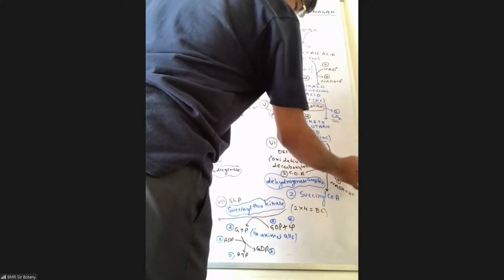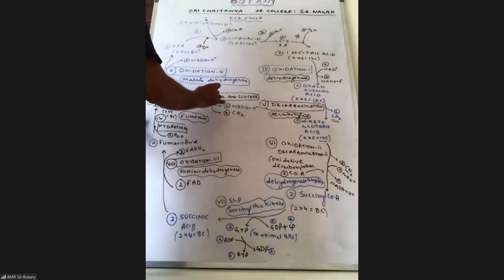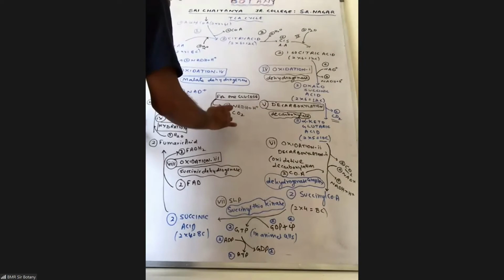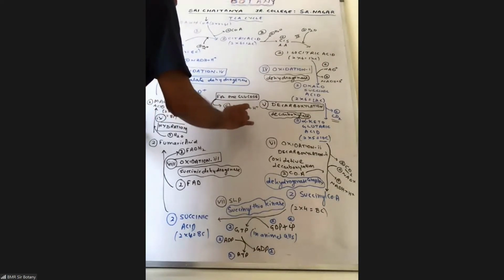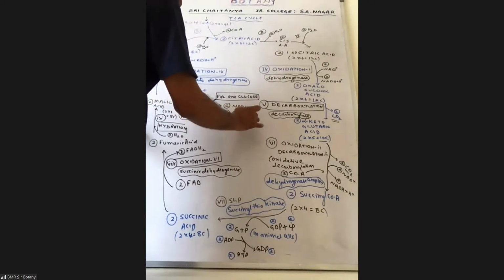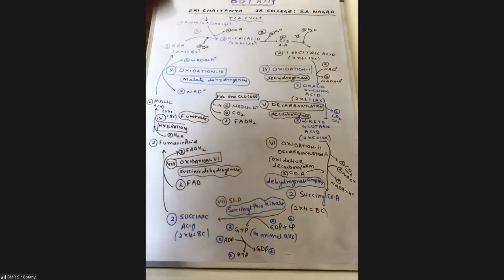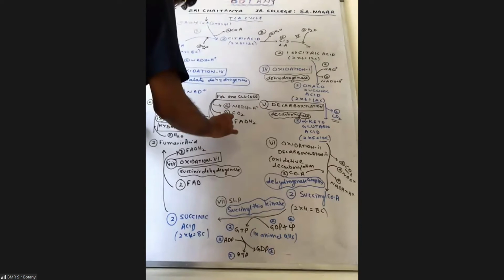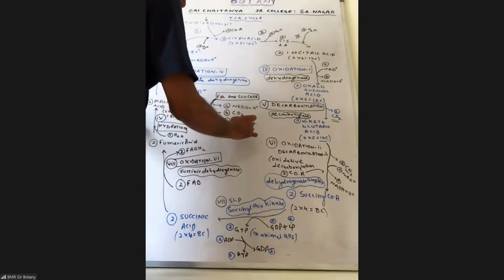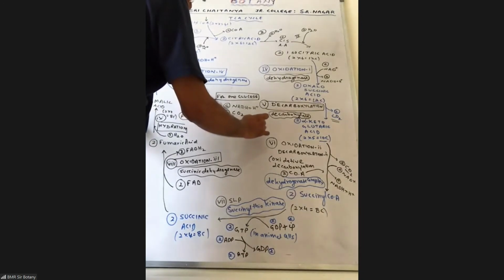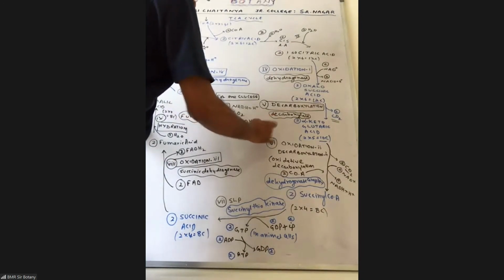Here also 2. How many FADH2? 4. 6. How many GTPs? 2. Which are on par with ATPs.